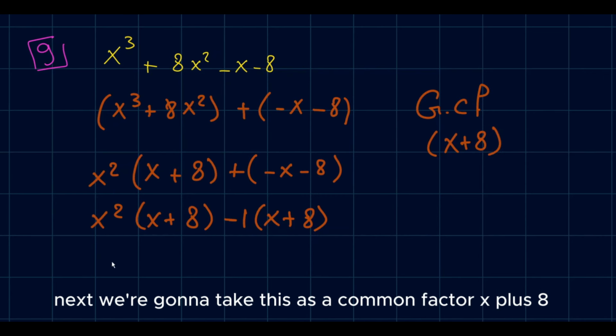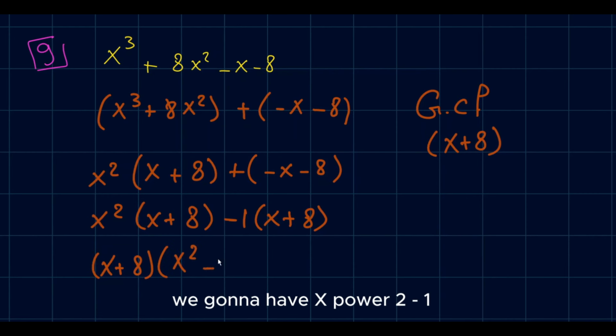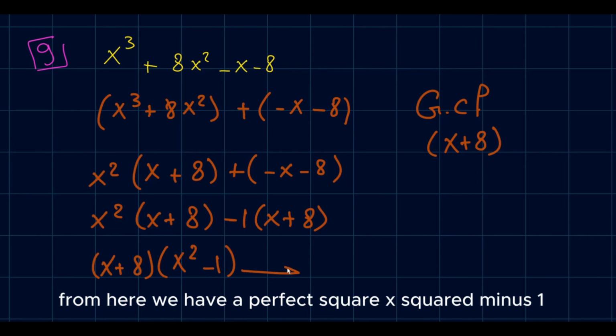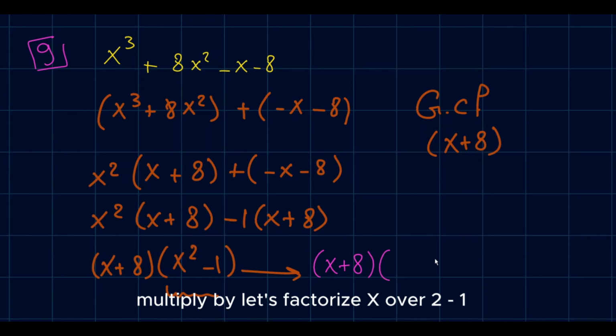Next, we're gonna take this as a common factor, x plus 8, and then we're gonna put the others into the bracket. We're gonna have x power 2 minus 1. From here, we have a perfect square, x squared minus 1. So this will become x plus 8 multiplied by, let's factorize x power 2 minus 1.